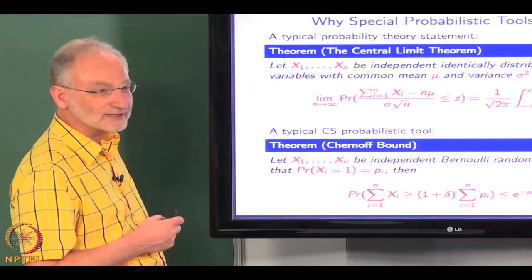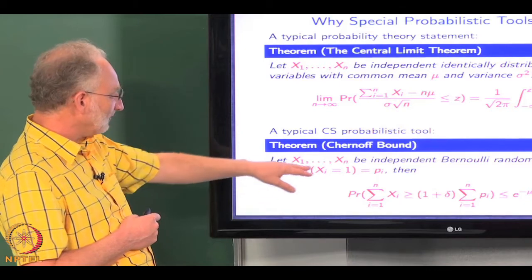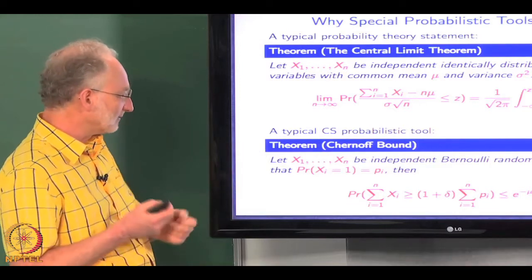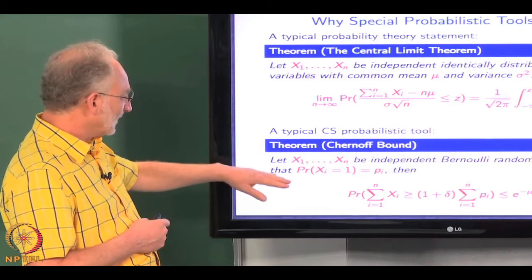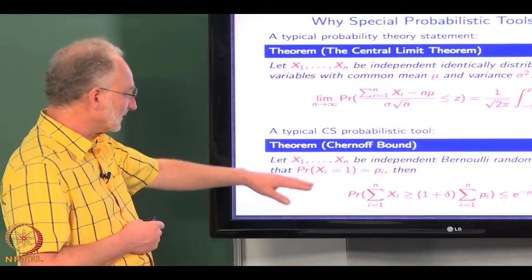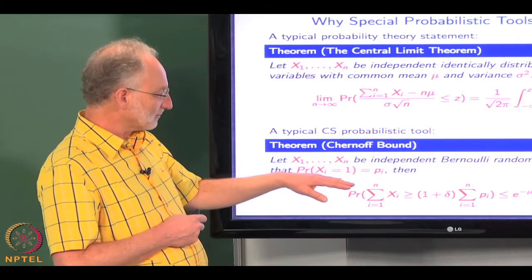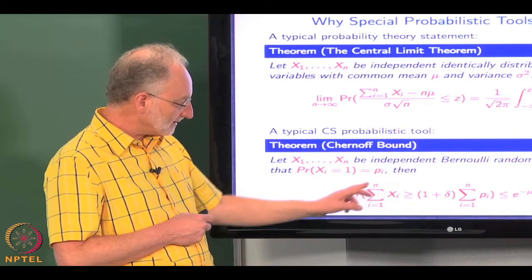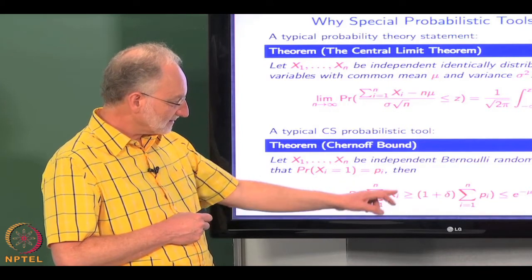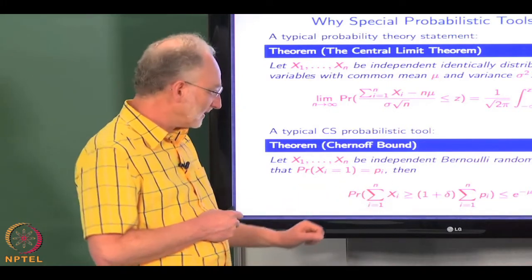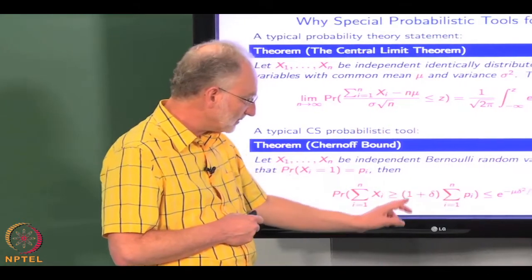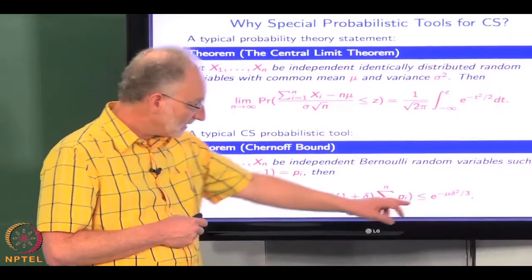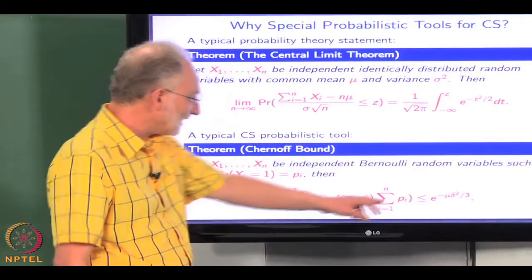and the contrast to the central limit theorem, here we're going to say if I have n independent Bernoulli random variable observations, identically distributed, and the probability of each of them being 1 is pi, then the probability that the sum of them is far from the sum of the expectation is going down.